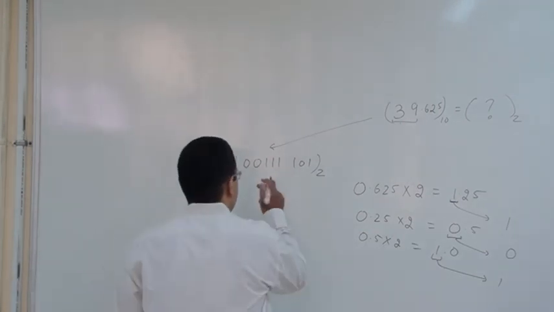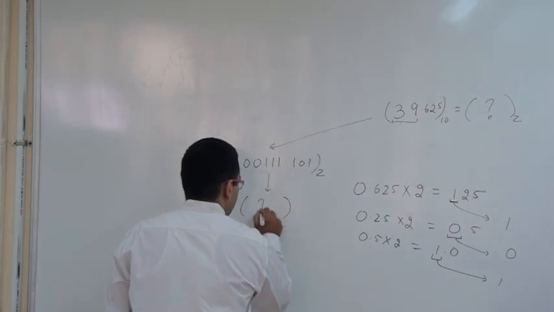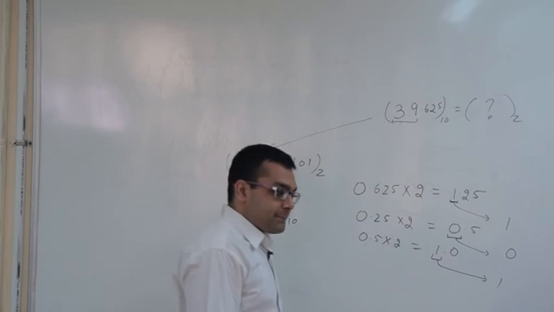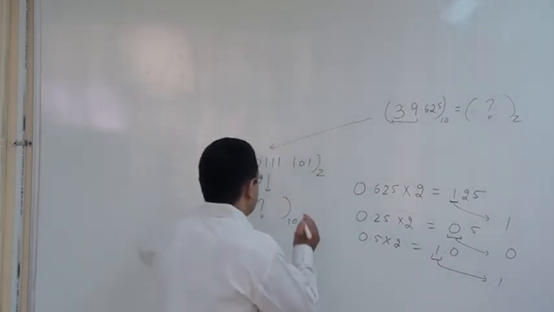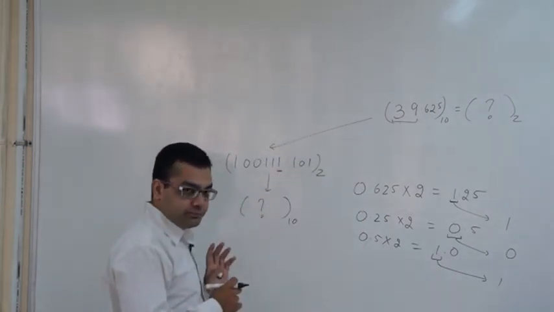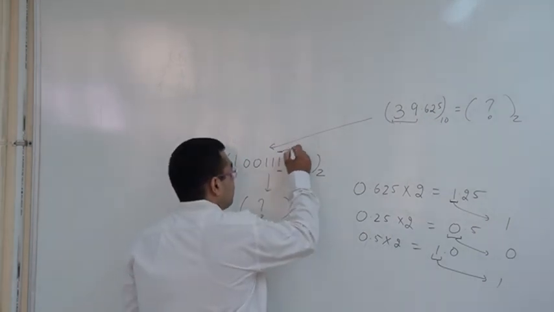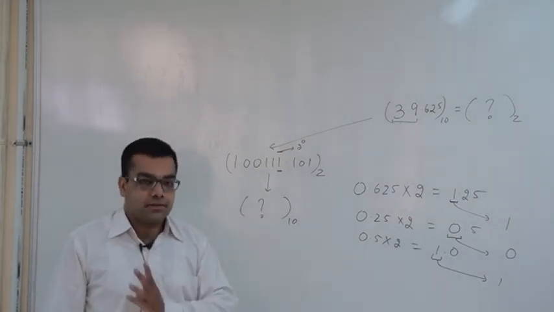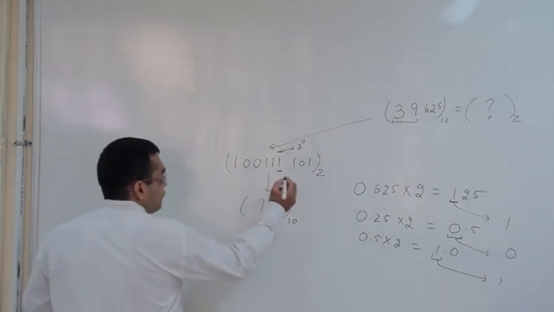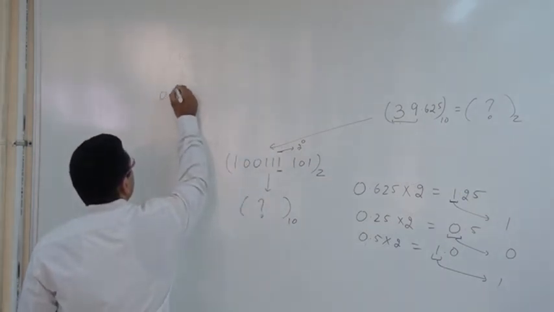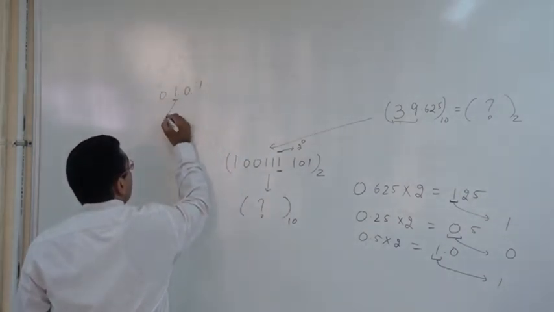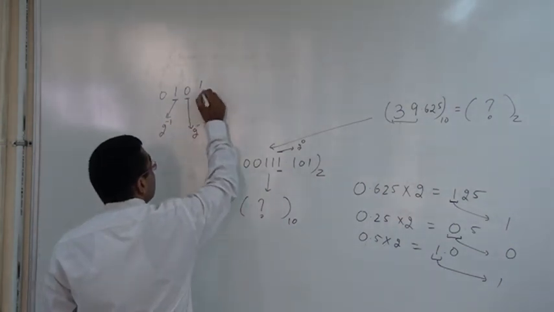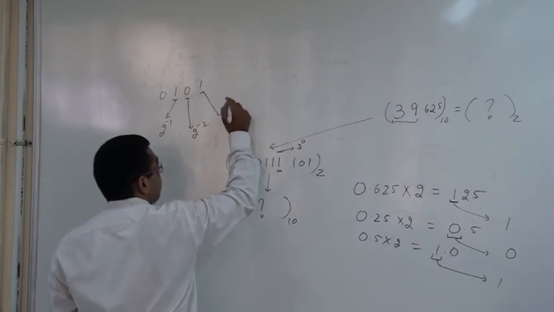Now again, if we had to go back from here, from the LSB we were actually multiplying by 2 to the power 0. So after the decimal we start with negative powers. That means for 101, this will multiply by 2 to the power minus 1, this by 2 to the power minus 2, and this by 2 to the power minus 3.